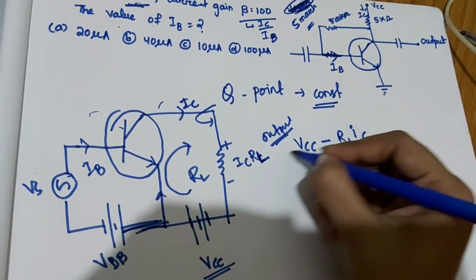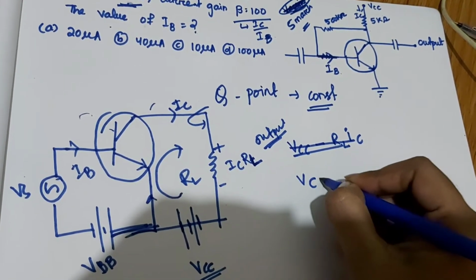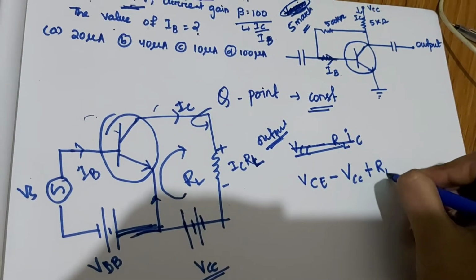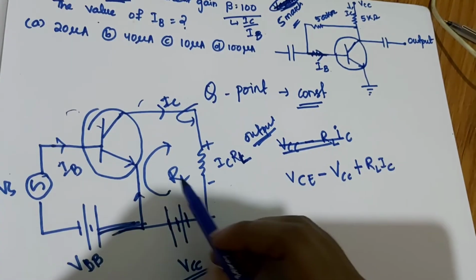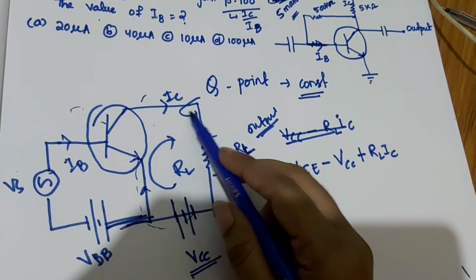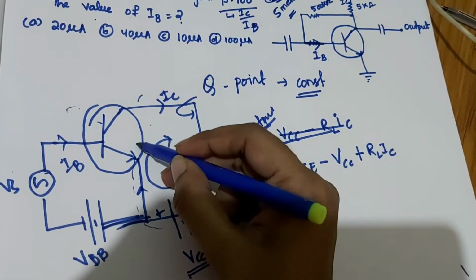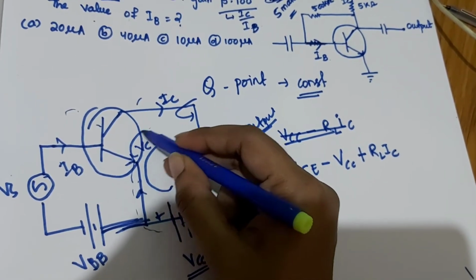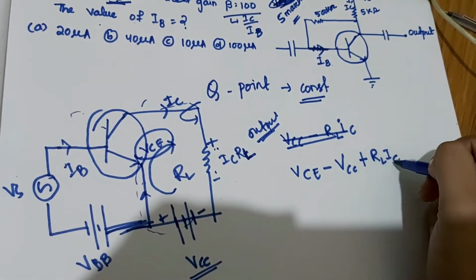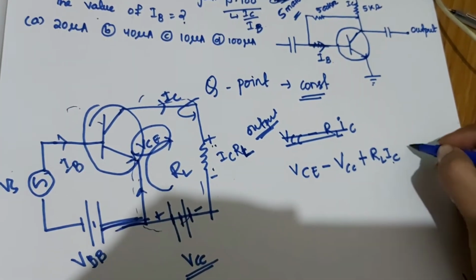So this will be VCE plus RL IC minus VCC equal to 0. Here the VCE has a plus sign, that's why plus, and we encounter a minus sign at VCC, that's why minus VCC equal to 0.